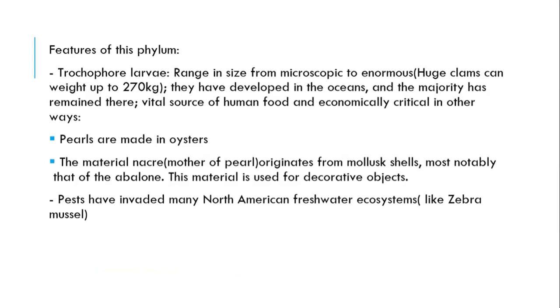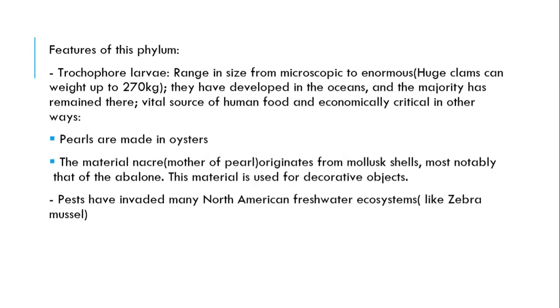The larva has a trochophore shape and there is a huge variety in size. It can range from microscopic sizes to enormous sizes, like for example the clams that weigh more than 270 kgs. They developed in the oceans, and most of them stayed there, and they form a vital source for humans, and they also affect us economically.